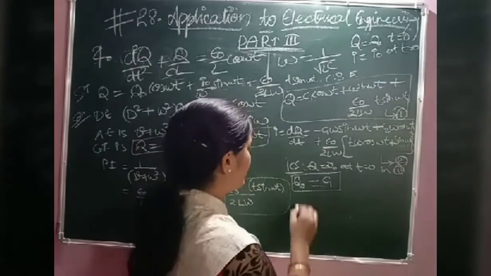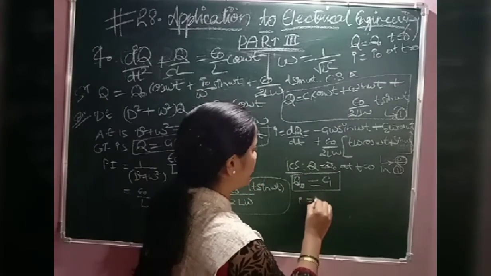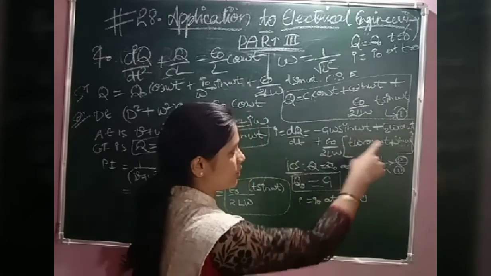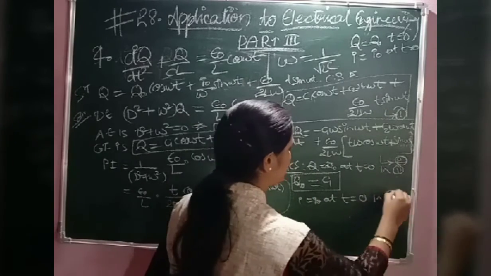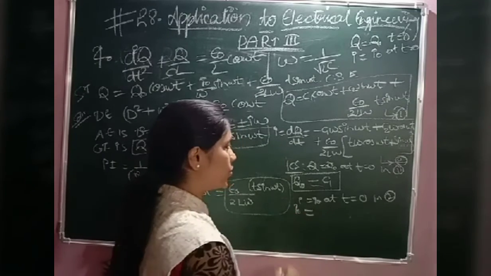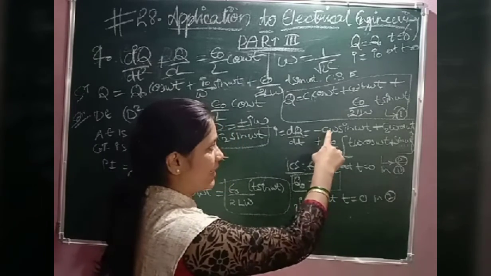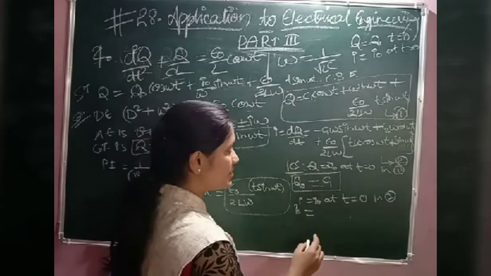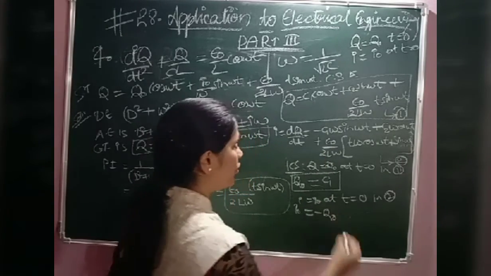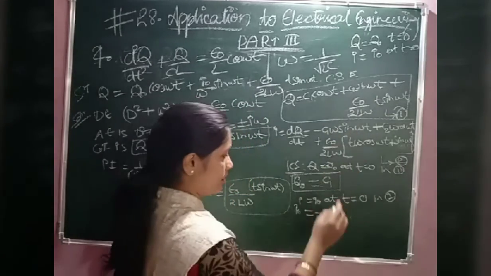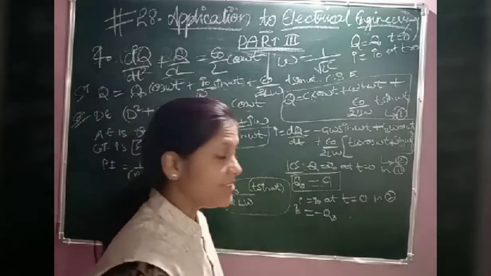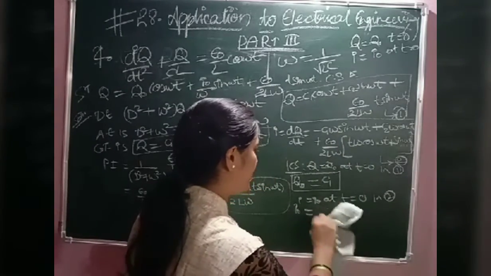Second condition: I = I₀ at t = 0. So this is the I equation, equation 2. I is I₀ equal to, first term minus C₁ times sin 0, but sin 0 is 0, right?